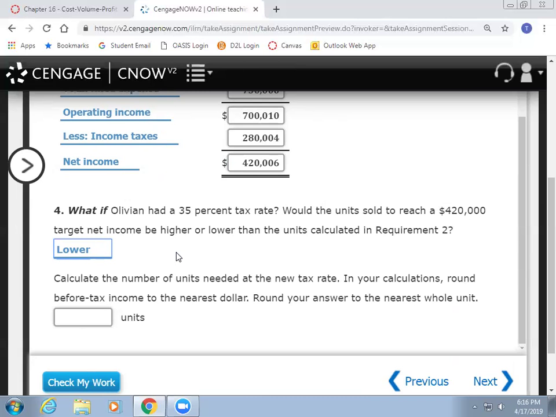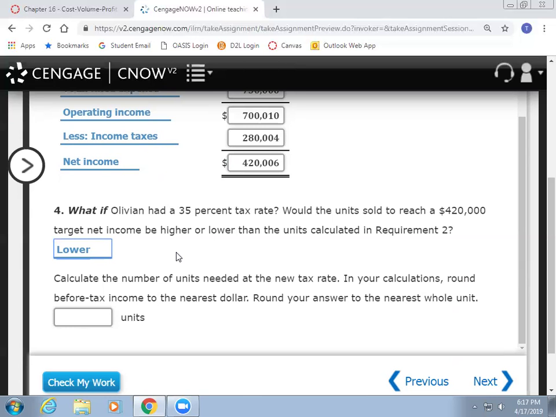And then from there, you're doing your target volume in units. So again, you would take your total fixed costs, which is the same, the 730,000, plus that 646,154. So take total fixed plus the target before tax or pre-tax income, and then we would divide it by the contribution margin.